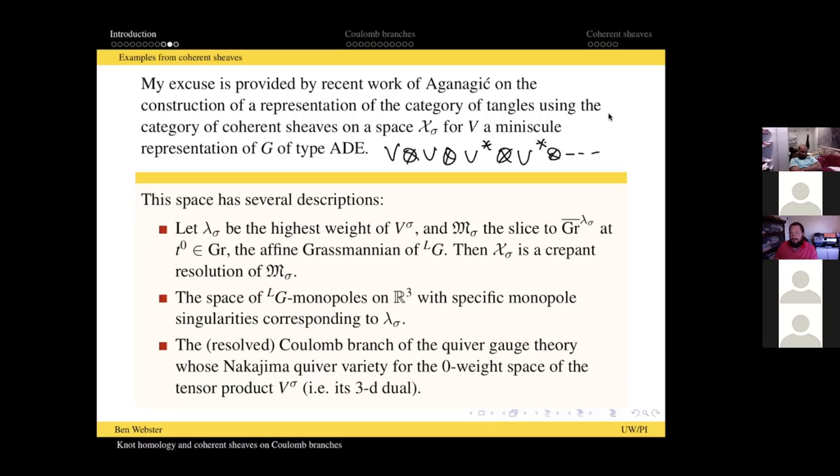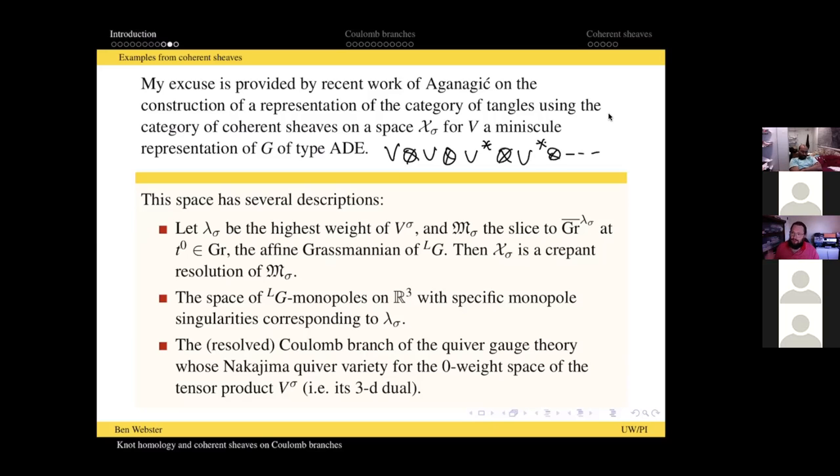Okay, and Nakajima tells me, associated to the 0 weight space of this tensor product of representations, there's an interesting variety, which he constructs as a hyperkähler quotient built out of the quiver.